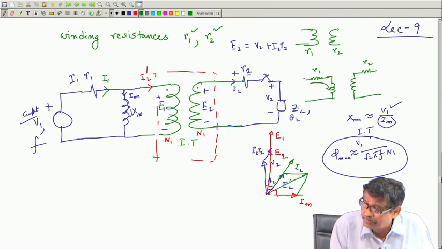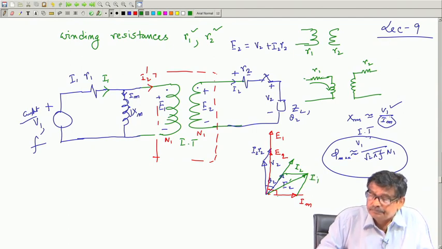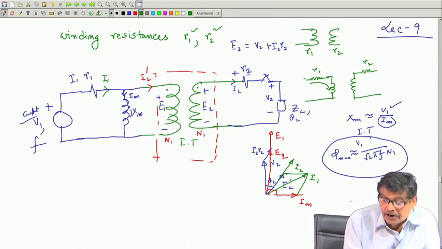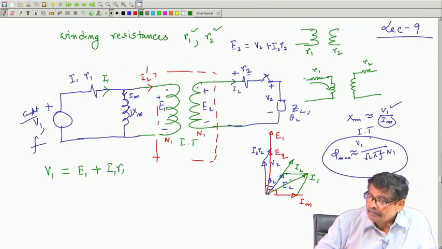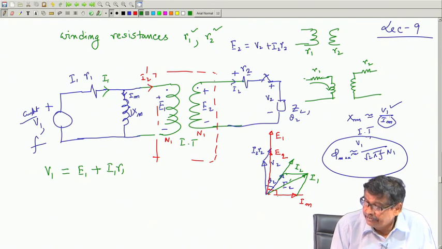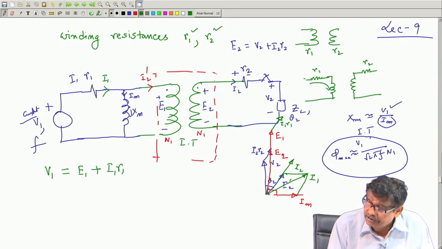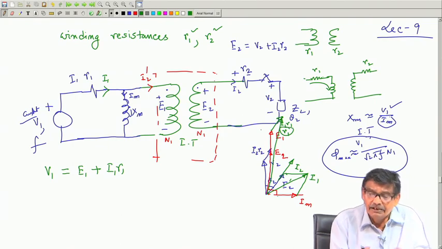So, this will be your I1, and if this is I1, then I will say your V1 must be equal to E1 plus I1R1. So, E1 is known, to this add I1R1 parallel to this, and from this to this, wherever you end up, that will be your V1. I think you have got the idea.